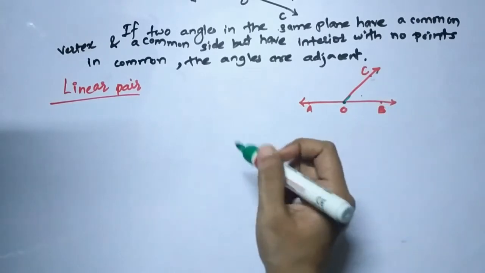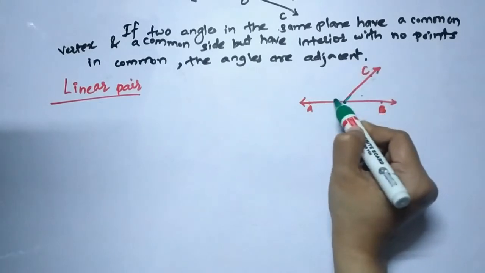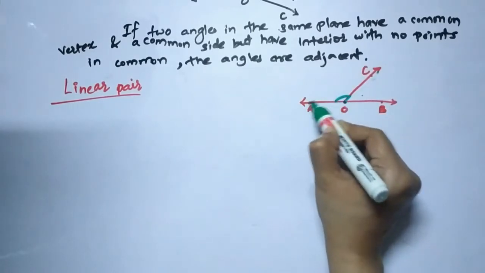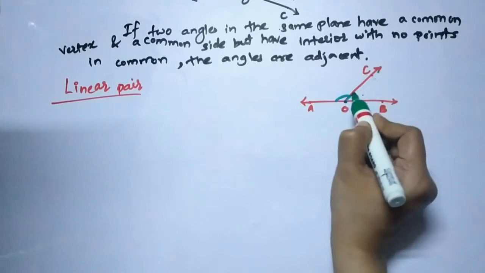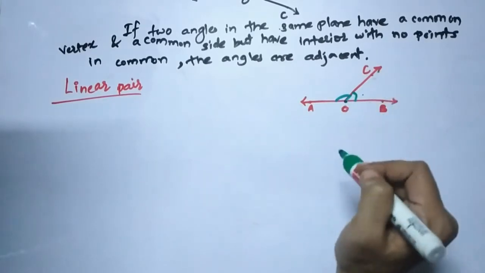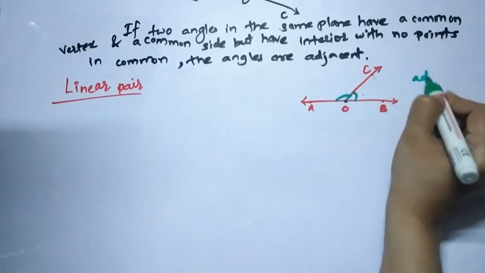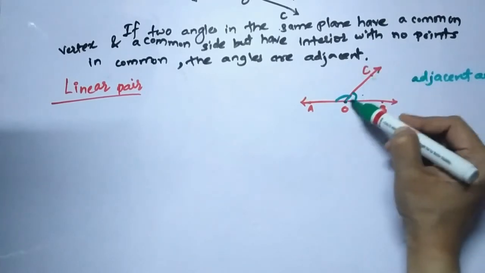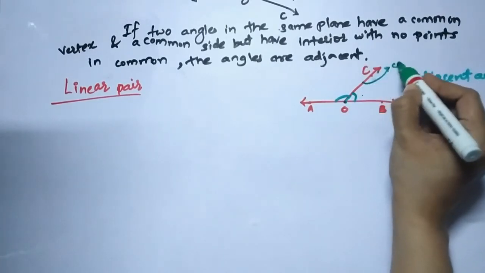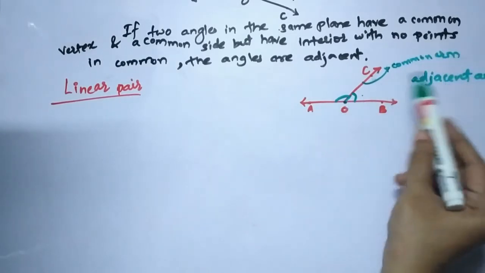So when you want to speak about linear pair, you observe that here is angle AOC, and one more angle BOC. These are adjacent angles. And in these adjacent angles, this OC is what? Its common arm.